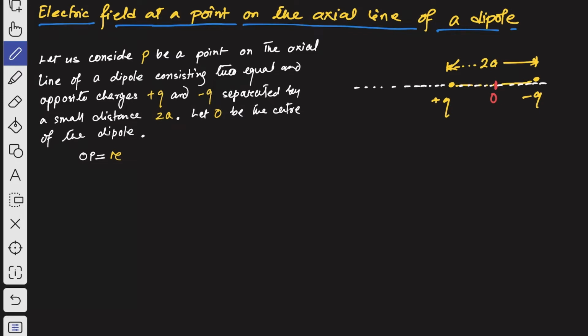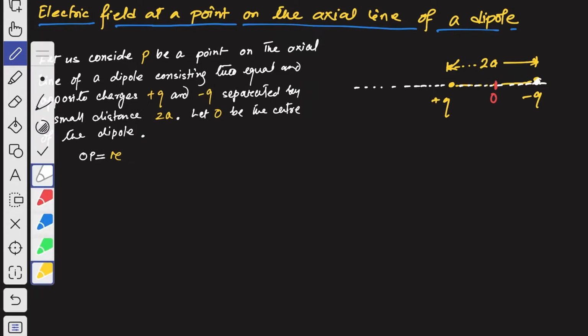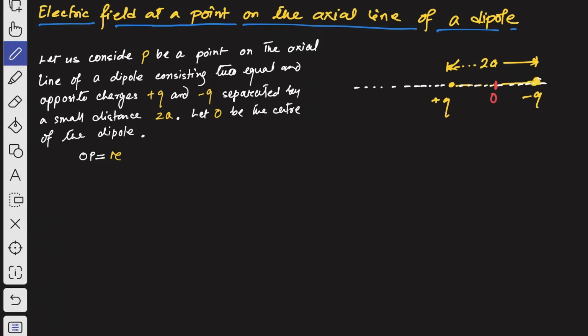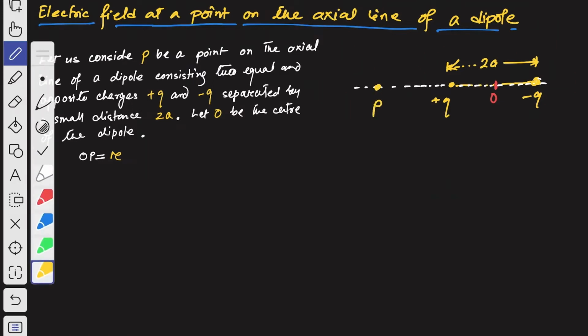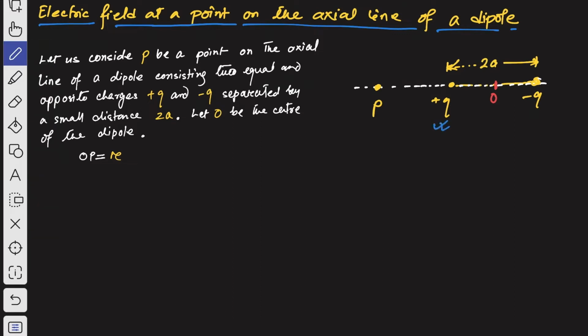Suppose we have a point P on the axial line, the line passing through these two charges. We are to find the electric field at the point P due to the positive q charge. That should be directed away from the positive charge, because for a positive charge the electric field lines come radially outward.